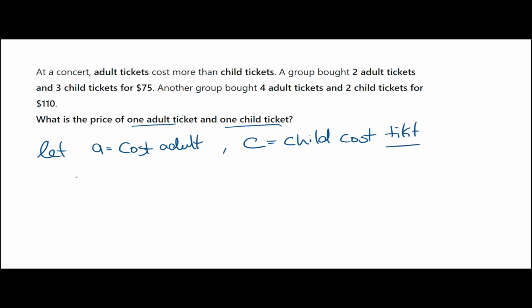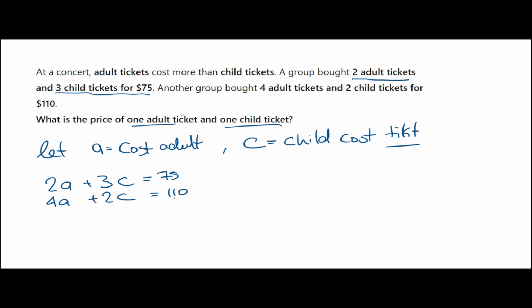Okay, 2 adults and 3 children costs $75. So 2 times the cost per adult plus 3 times the cost for a child equals $75. And here we have 4 adults and 2 children, and that came to $110.